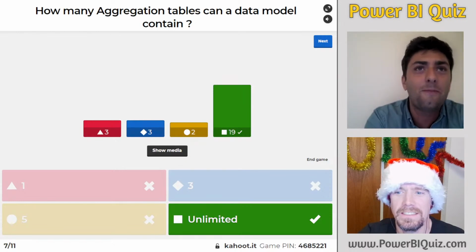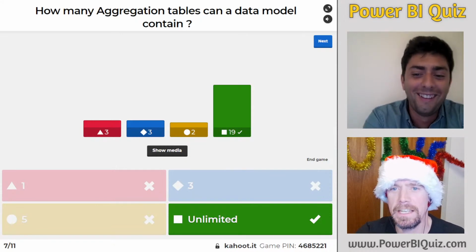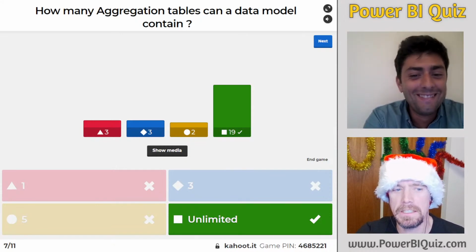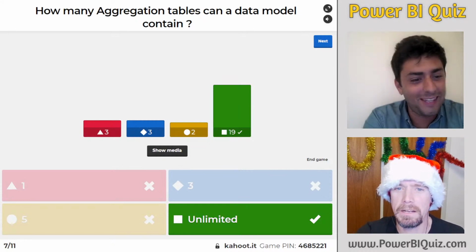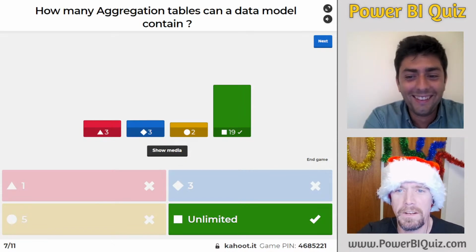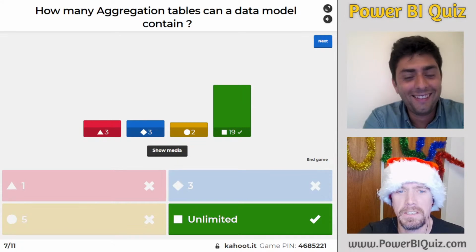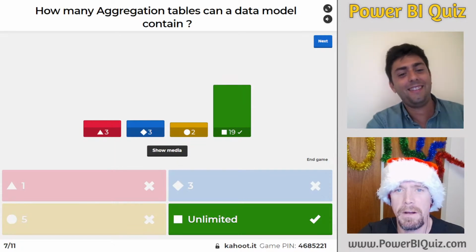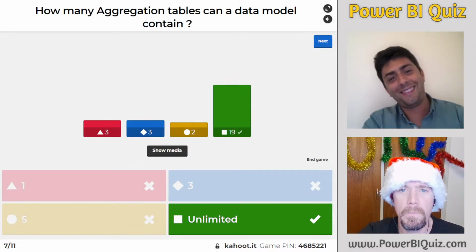But technically, I don't know if there is a limit. Yeah, if somebody finds the limit, and there is a limit, it is definitely higher than 5. If anybody finds it, please put it out on Twitter and tag Tristan and the Power BI quiz on that one.